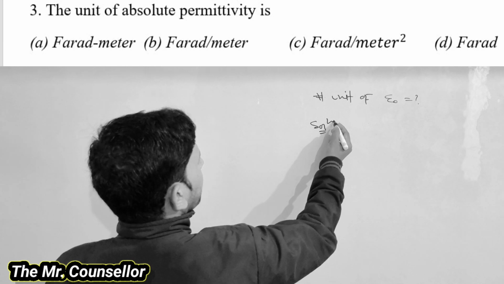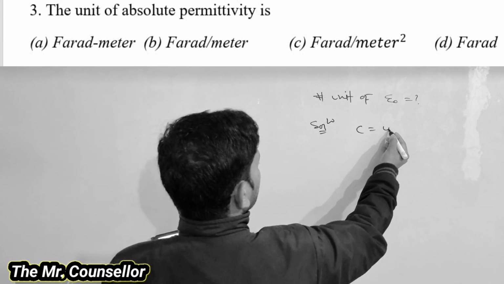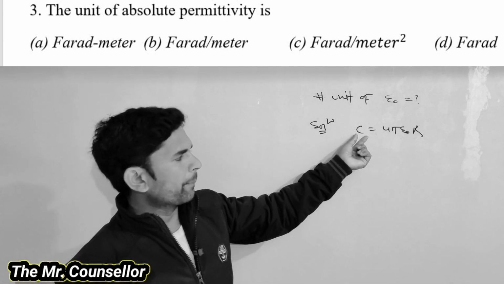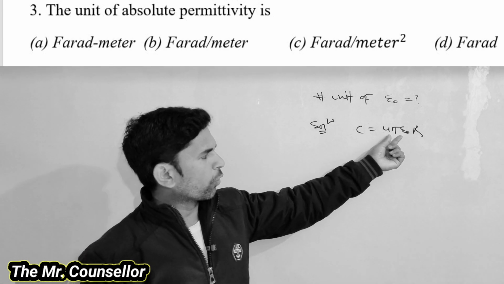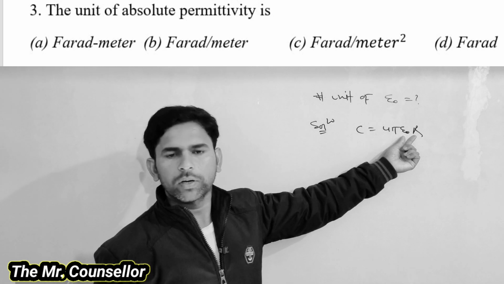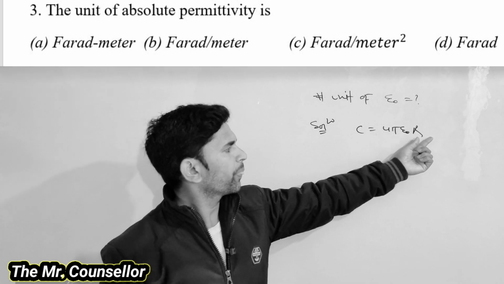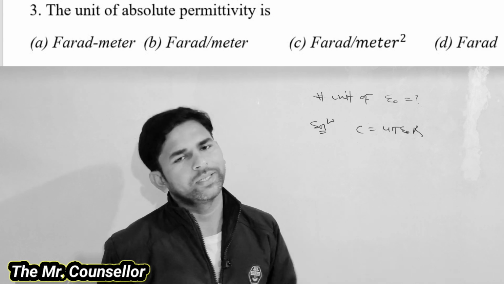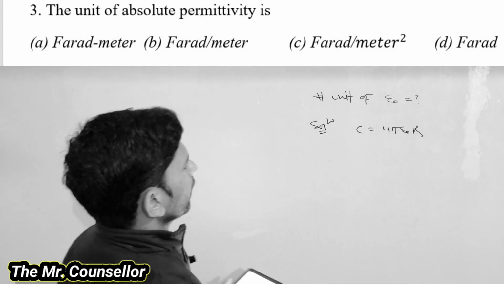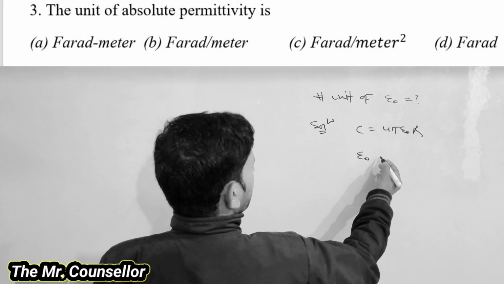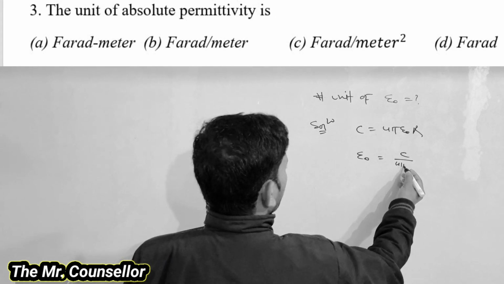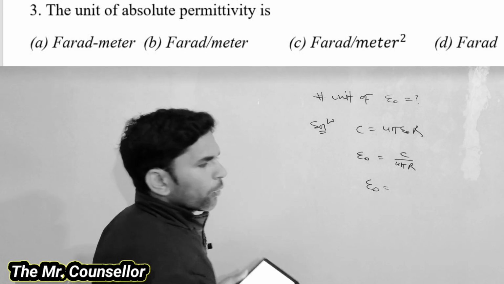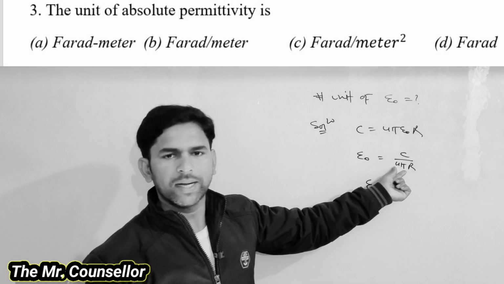Which formula can you write here? You know one formula, that C is equal to 4 pi epsilon naught R. C is the capacitance, 4 pi is a constant, epsilon naught is the absolute permittivity, R is the radial distance, or we can consider radius. Yes or no? So now if you are writing epsilon naught, you can write C upon 4 pi R. 4 pi is a constant, so no need to write its unit.